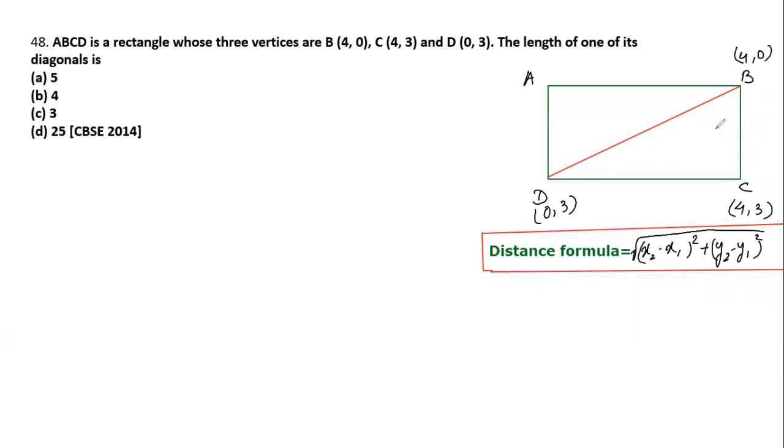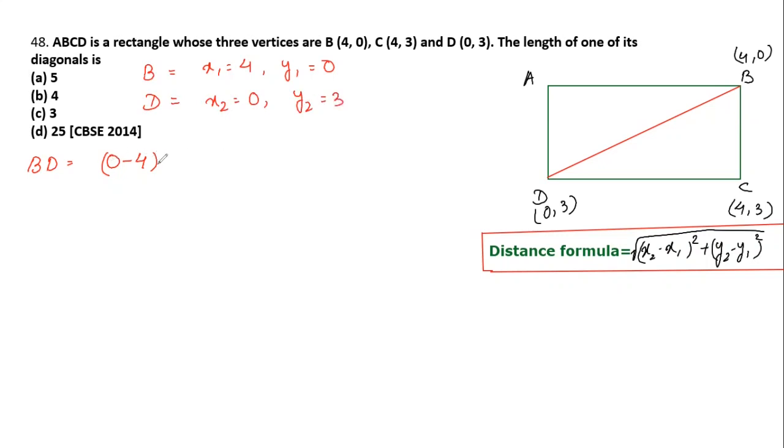Here you need to use the distance formula, which is the square root of (x2 minus x1) whole square plus (y2 minus y1) whole square. So BD is equal to x2, that means coordinate points of D. Here x1 is equal to 4 and y1 is equal to 0, these are B points, and D points x2 is equal to 0 and y2 is equal to 3.